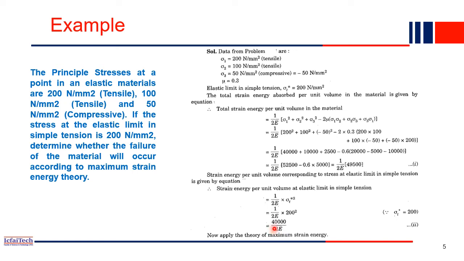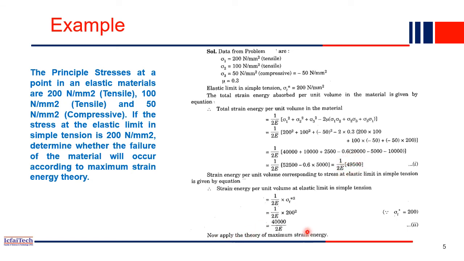How much is applied then? The applied strain energy is 1 by 2E into 49,500, whereas our capacity is 40,000 by 2E. So our capacity is less, and the applied strain energy is more. So the material will definitely fail, because the capacity is less and the applied strain energy is very high.